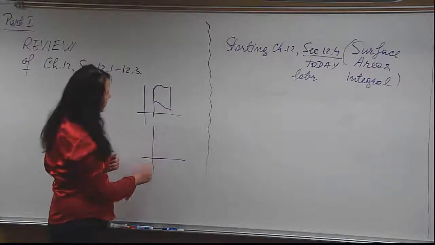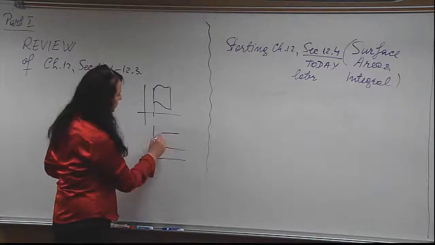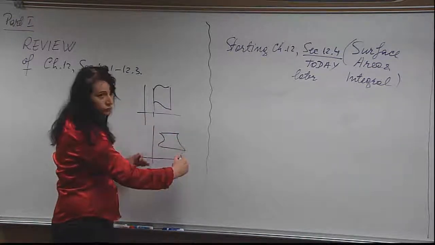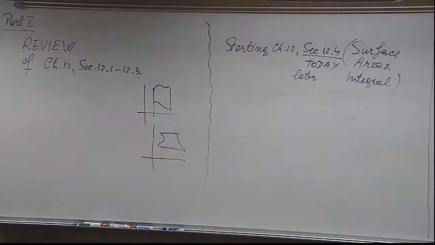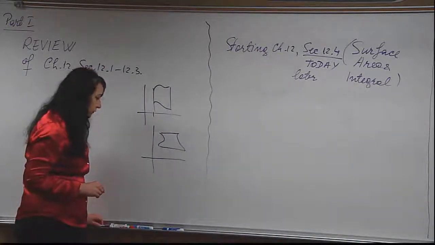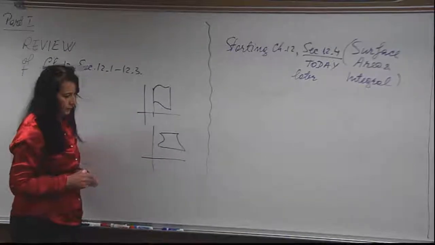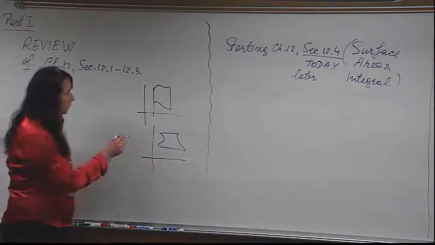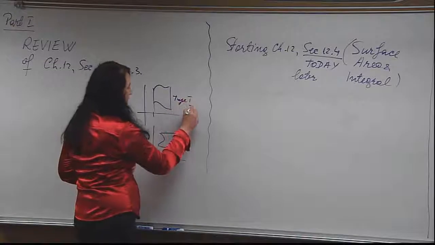And then you had the type 2, two straight lines and two functions, where the functions were assumed differentiable, actually, in our examples.